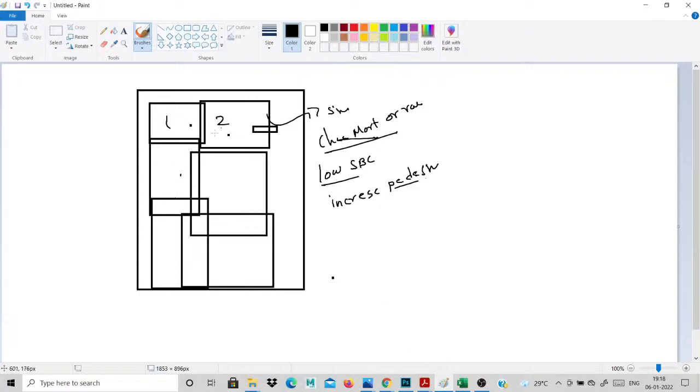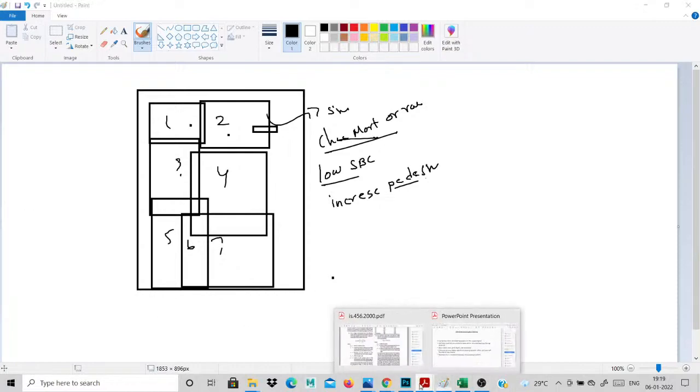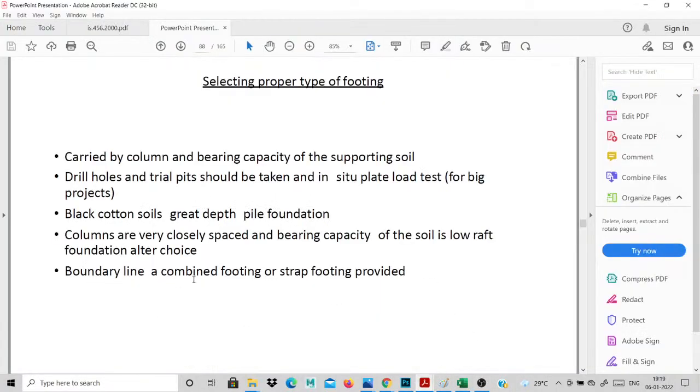For example, if there are seven pedestals, the seven pedestals will merge. Low SBC means the pedestal will be large, so directly going for a mat or raft foundation is the alternate choice for your building.